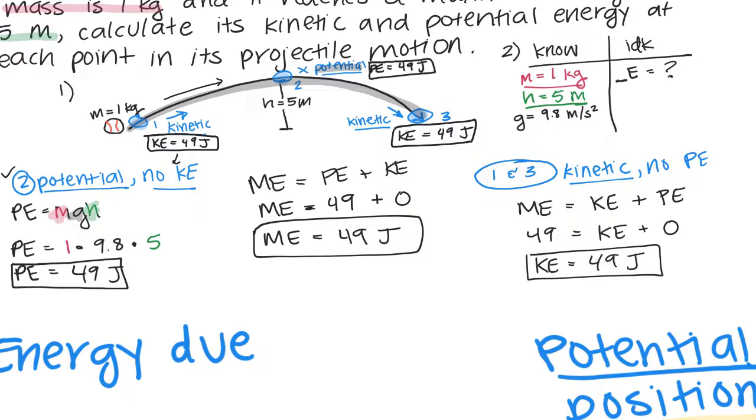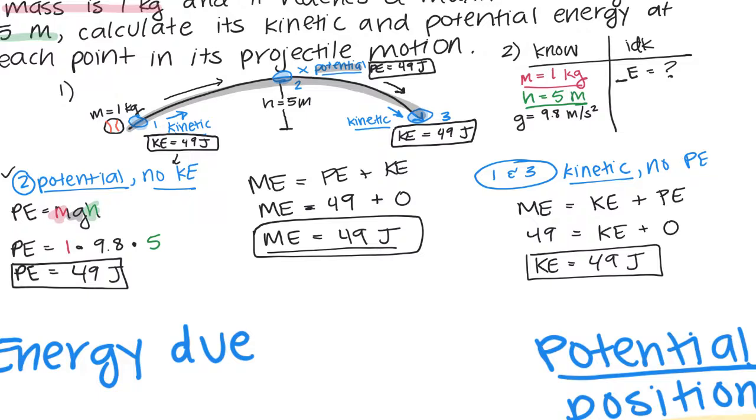Notice those numbers are the same, 49, 49. The total amount of energy for the entire system is 49 joules. It just changes what type of energy it is. It changes from kinetic to potential. Once it reaches its total potential energy, it starts moving again. It drops back down, continuing across the baseball field in downward motion to the point right before it strikes the ground.